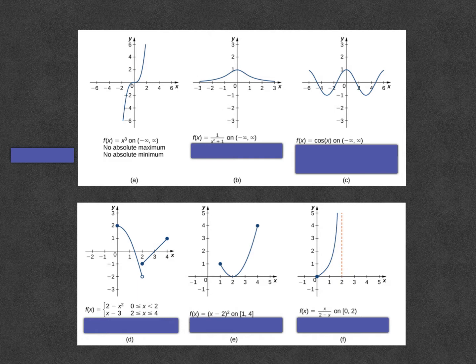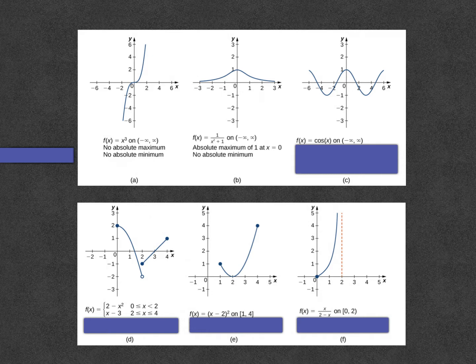The second one, f of x equals 1 over x squared plus 1. There is a maximum right there when x is 0, y is 1, but there is no minimum on that function. The next one, f of x equals the cosine of x. That one we do have absolute maximums, actually 3 that we can see, and 2 absolute minimums. Here are my absolute maximums.